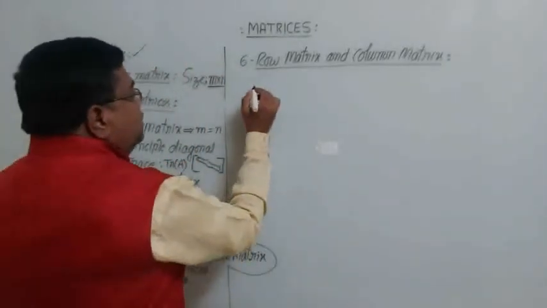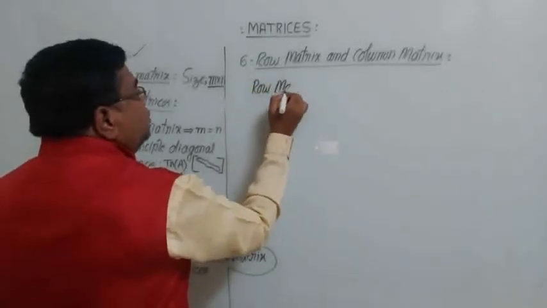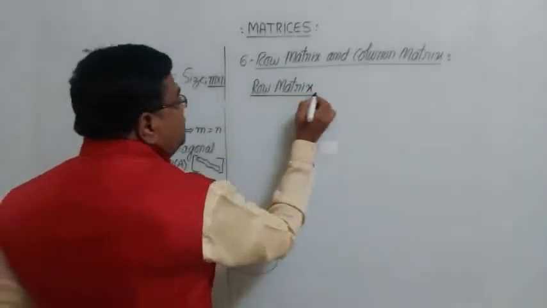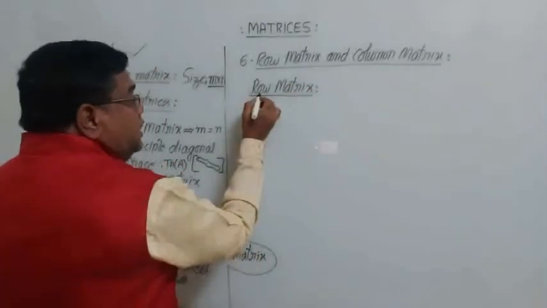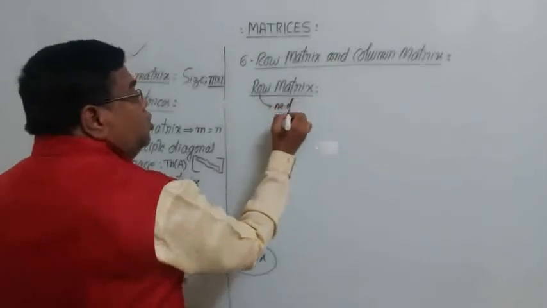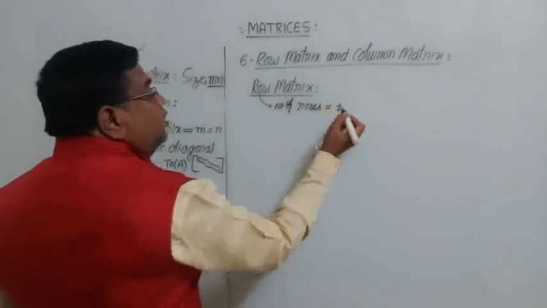So the first one is, what is meant by row matrix? The name itself says row, having a single row. So the number of rows equal to 1.